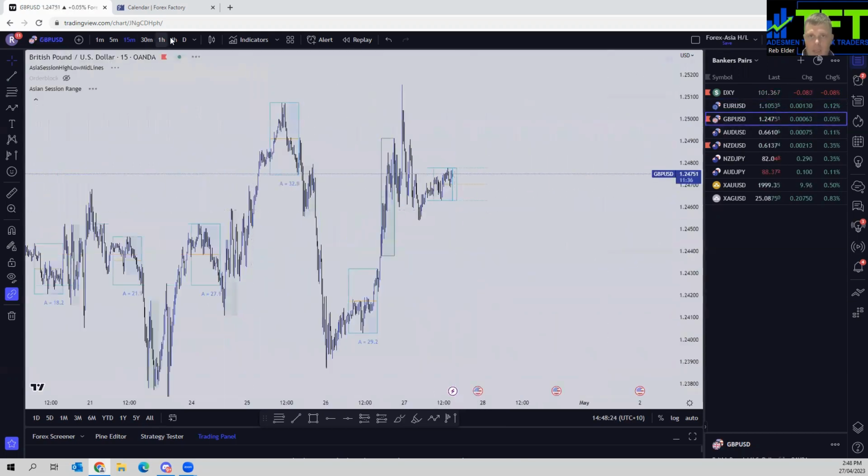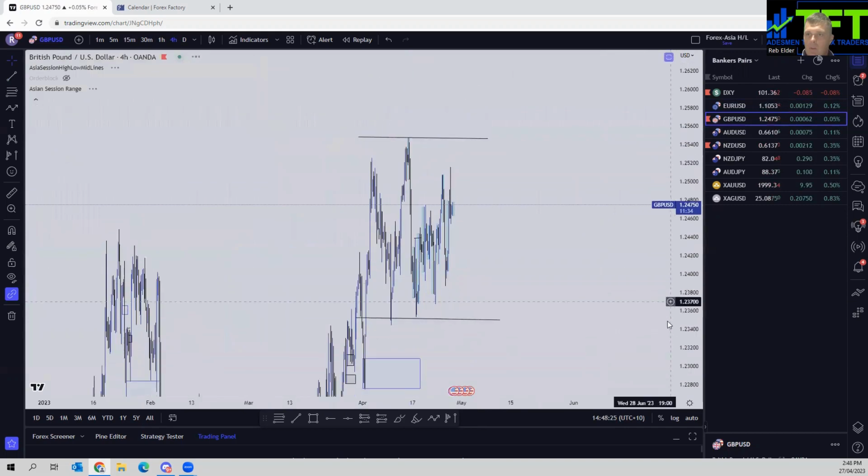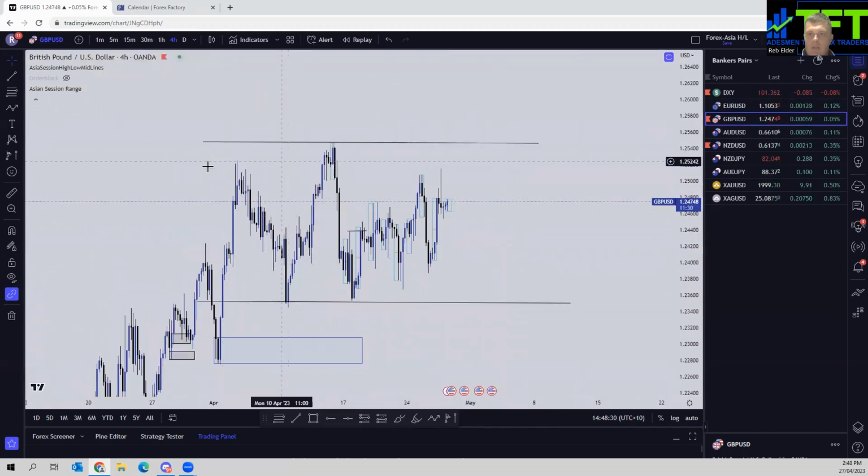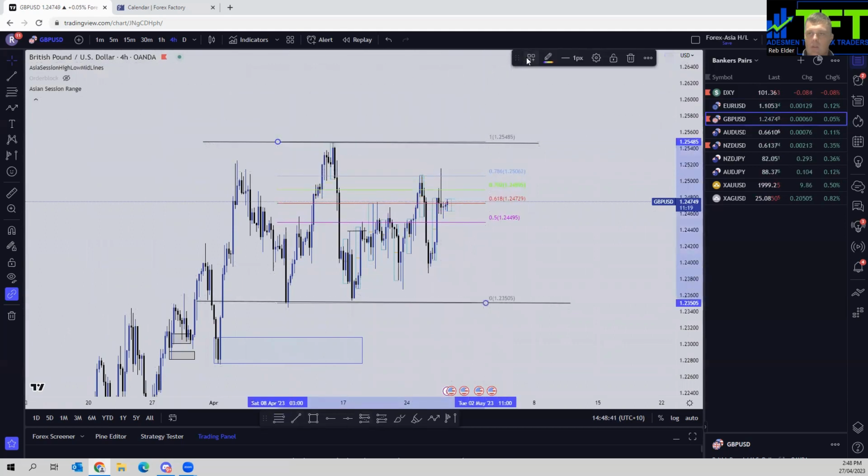GU, again, it's just been the same old thing for the past few weeks. It's literally just stuck in this big old range, and we're still even in the middle of that range. If we look at our range fib here, still stuck within this middle range area, which is not worth trading for anything.